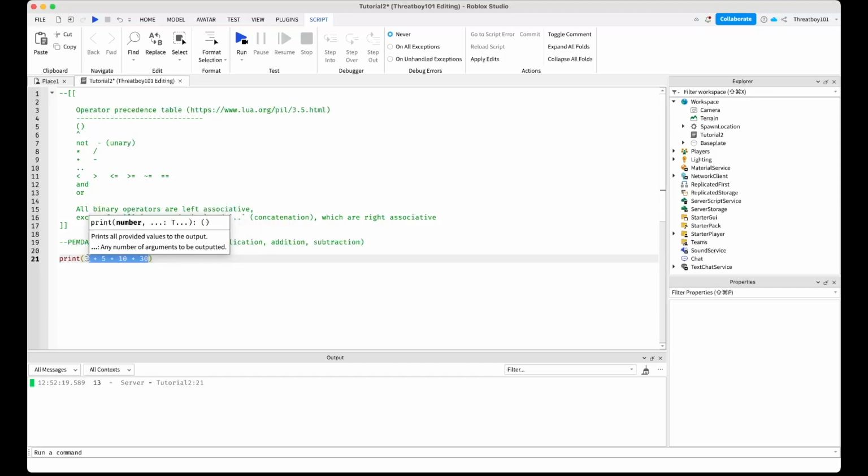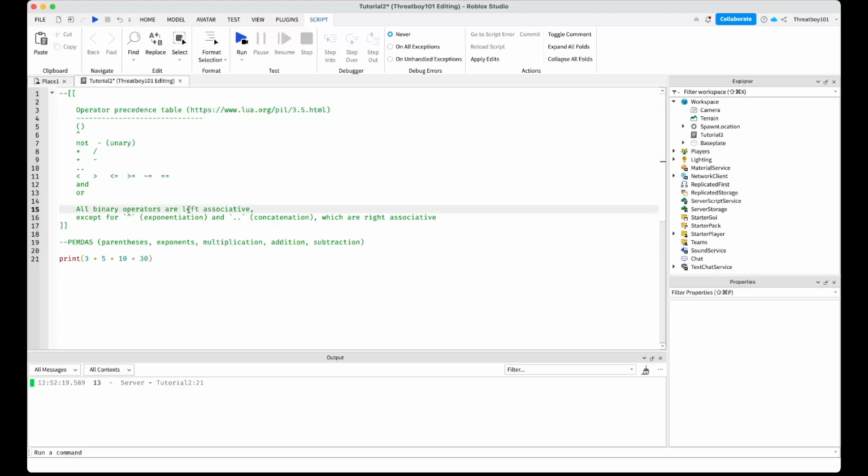But for certain operators, it does matter. I should say that even though the order doesn't matter here, the order that Lua will choose to do it in is left associative. Almost all the binary operators are left associative, and I'll get into what it means for an operator to be a binary operator later.